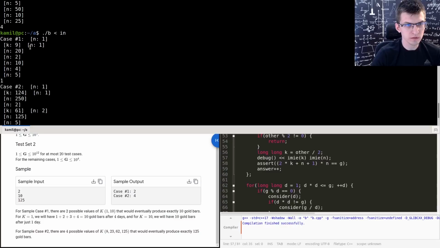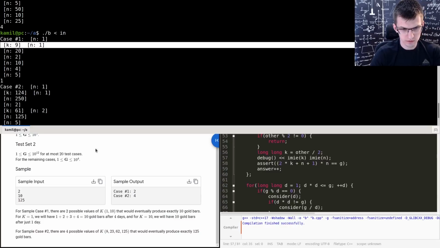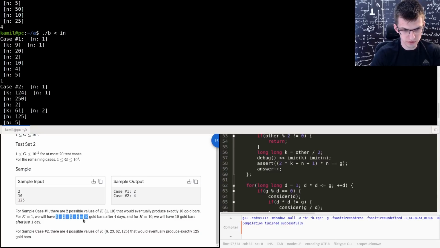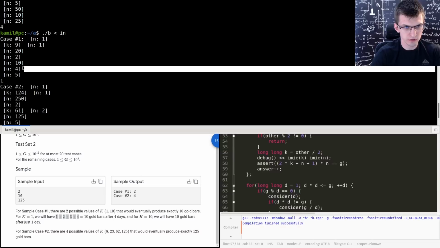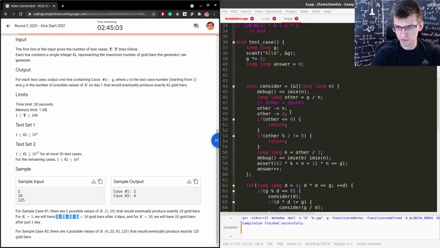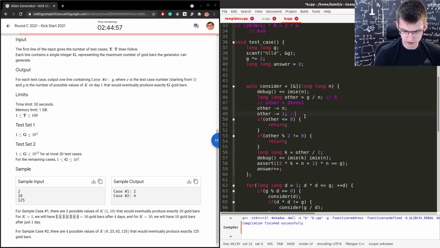Come on. So just a single one, but also we should consider k equal to 1 and n equal to 4. What happens for 4? This is 5, and this becomes 0. But that's actually fine. K can be 0 because I start from k equal to 1.